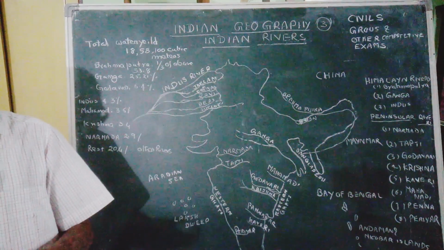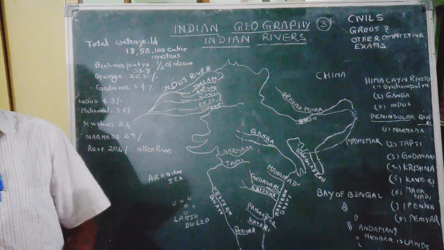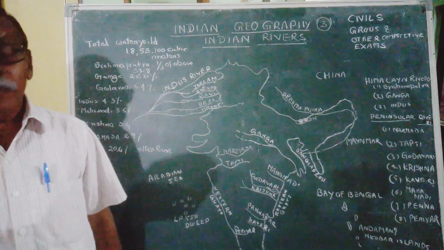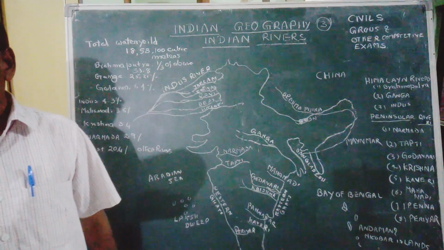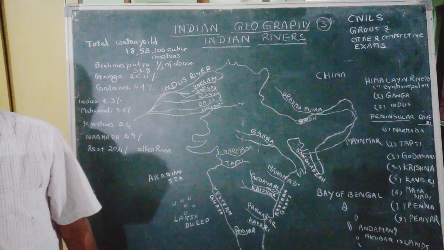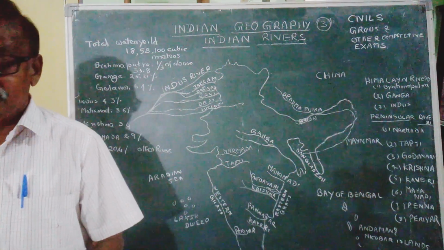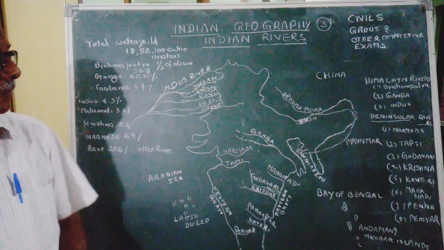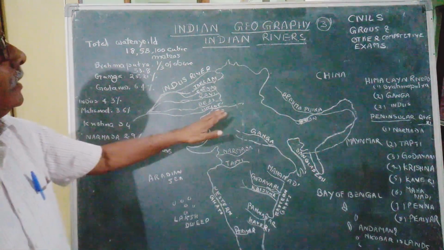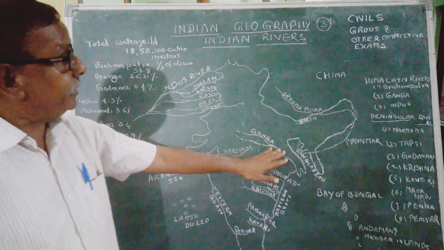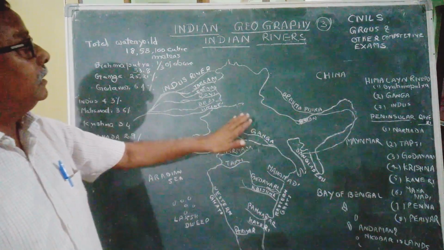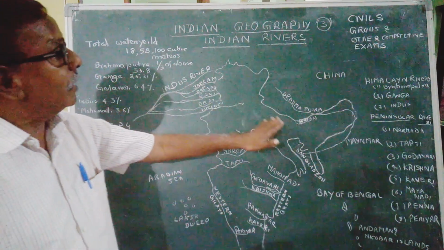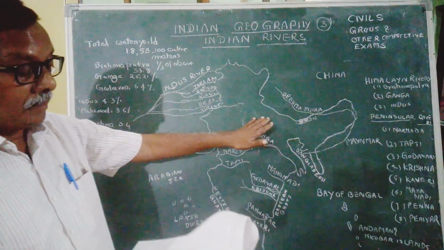Damodar tributary rises at Chota Nagpur Plateau near Tori in the Palamu district of Jharkhand. And these are the tributaries of Ganga, and also the formation of Ganga with various tributaries.